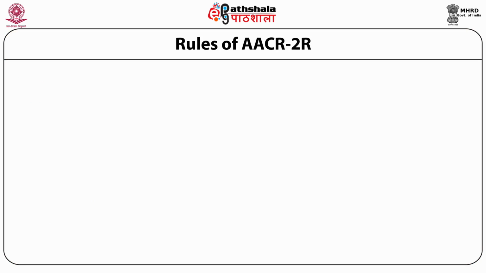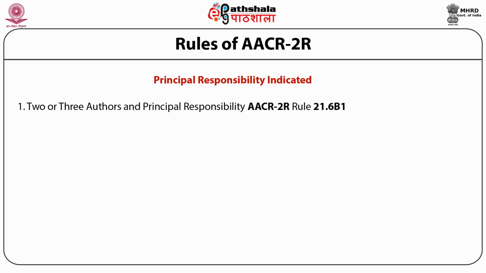Rules of AACR-2R. Principal responsibility indicated. Two or three authors and principal responsibility indicated. AACR-2R rule number 21.6B1 prescribes that if in a work of shared responsibility, principal responsibility is attributed by the wording or by the layout of the chief source of information of the item being catalogued to one person or corporate body, enter under the heading for that person or body.